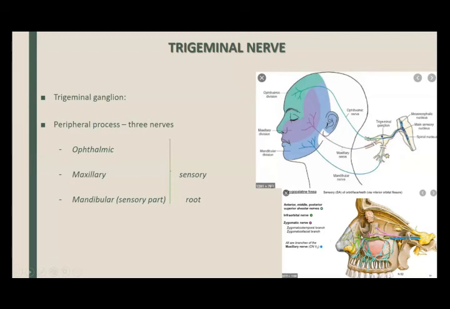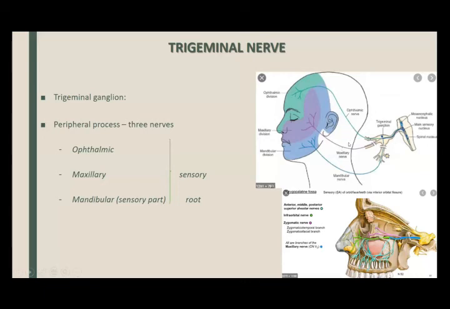The green one is the maxillary division, okay? And then sensations from this area, the blue one, are carried by the mandibular division. Look at this, this is the mandibular division over here. Now, all these three nerves are all sensory fibers.